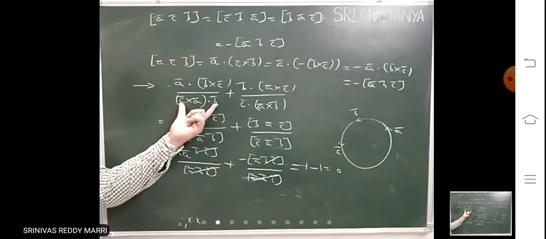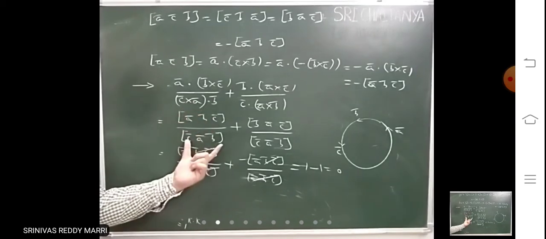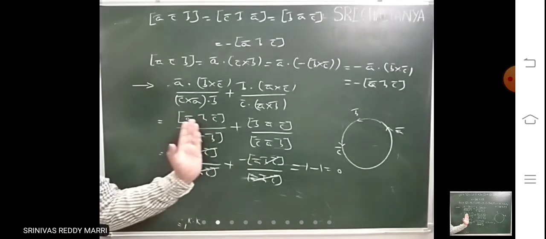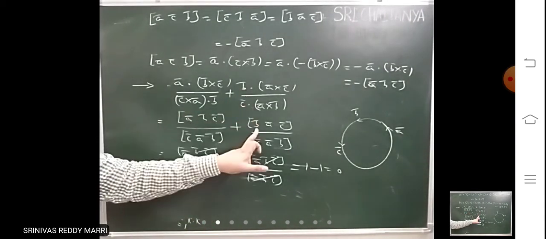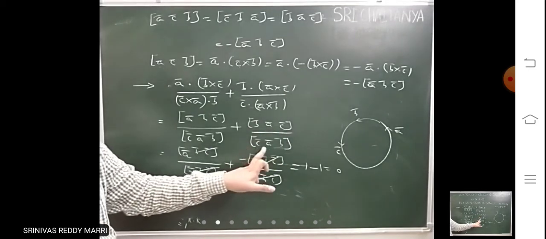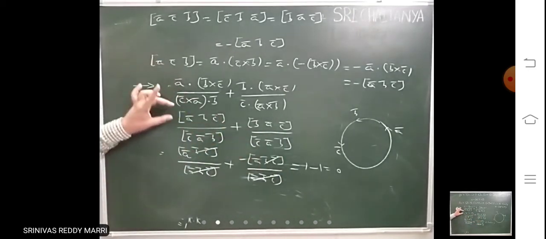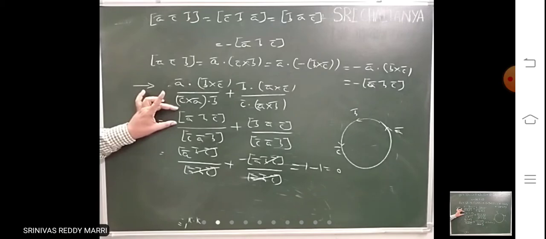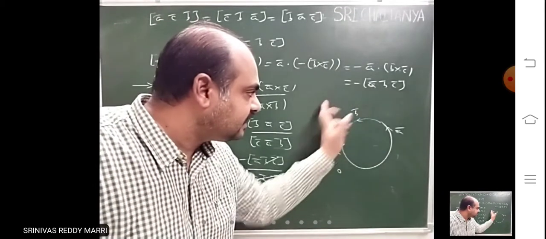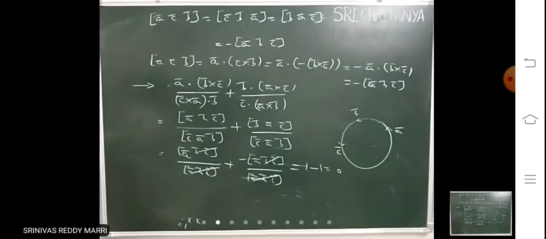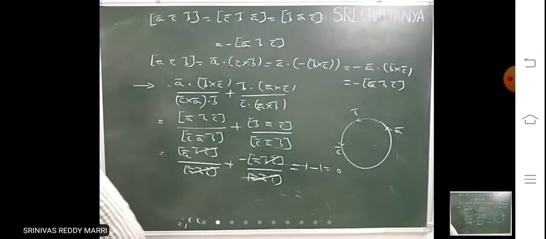So this is C bar, A bar, B bar, in the order first, second, third. So this is BAC, this is CAB. This only we will represent in this form. This is the symbol, so in the cyclic order, you see the diagram. So the answer will be 0.